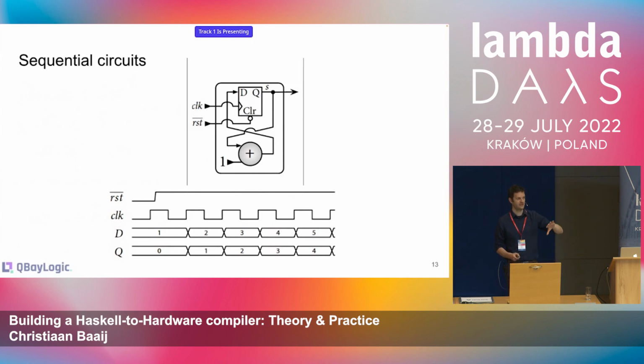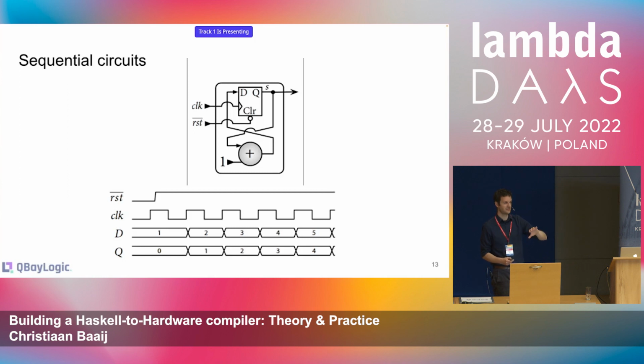And in the bottom, you can see what we call in circuit land a wave diagram. There's the clock that is going to dictate the progress of the circuit. Then there's the D signal. That's the input to the register, which is a very basic memory block. As you can see, at every rising edge of the clock, as long as the reset is not asserted, the Q output is going to take over the value that's on the input.